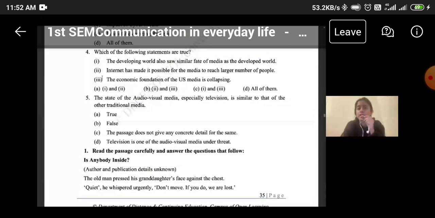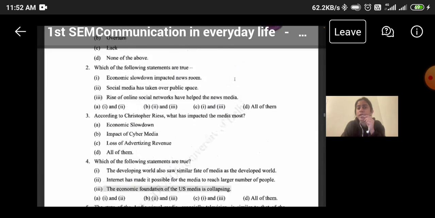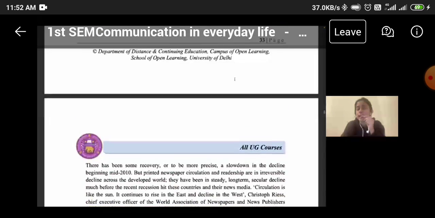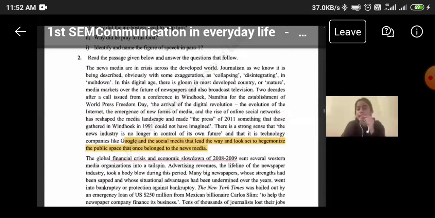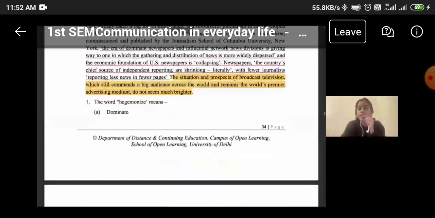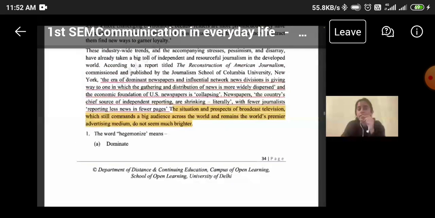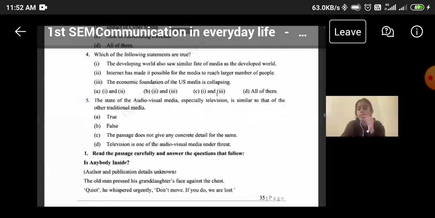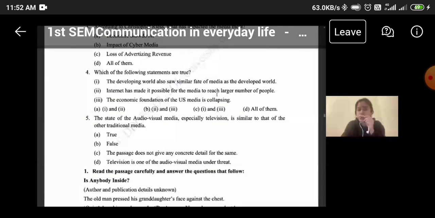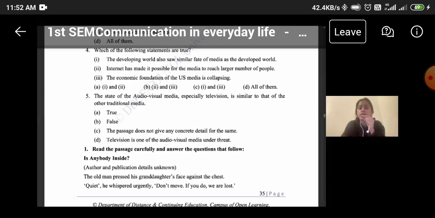So this statement is true. Now the third statement, the economic foundation of the US media is collapsing. Right here, it is quite clearly given in the paragraph that it is collapsing. So what two statements are true here? It is 2 and 3, option number 2 and 3.